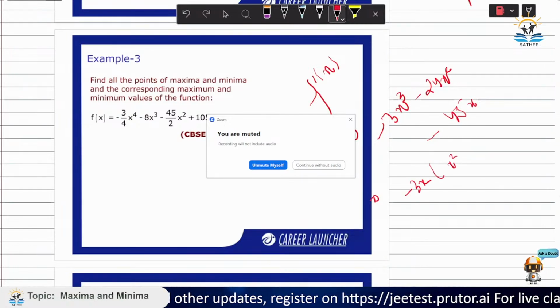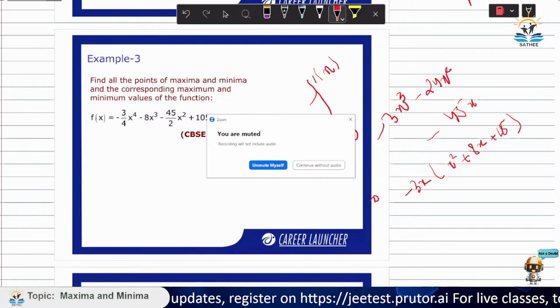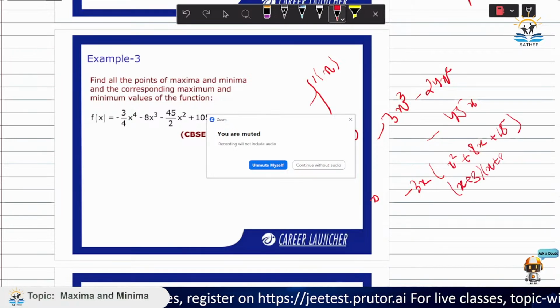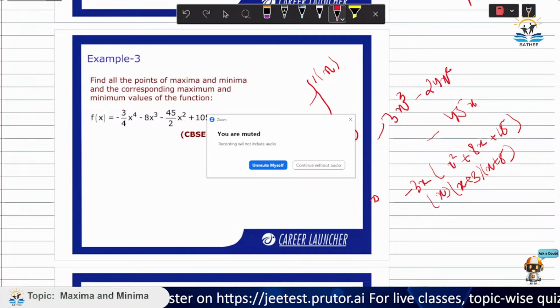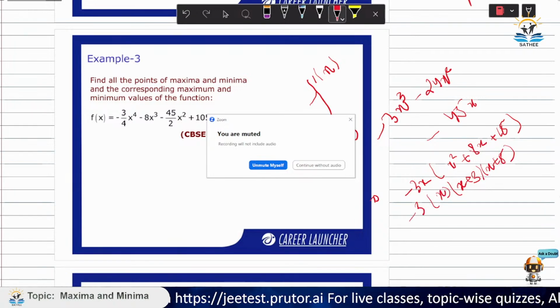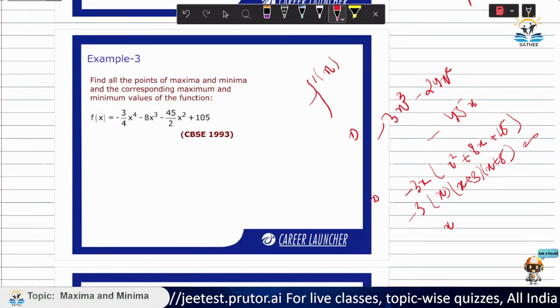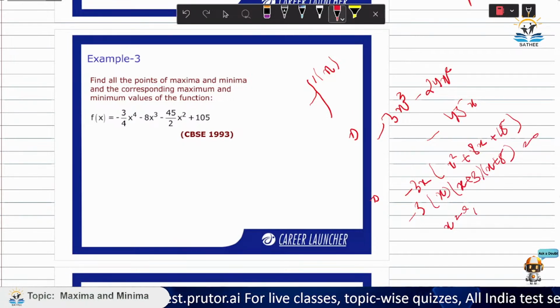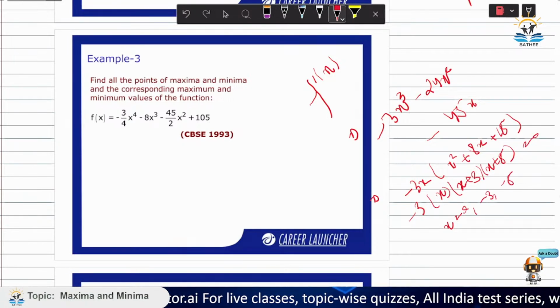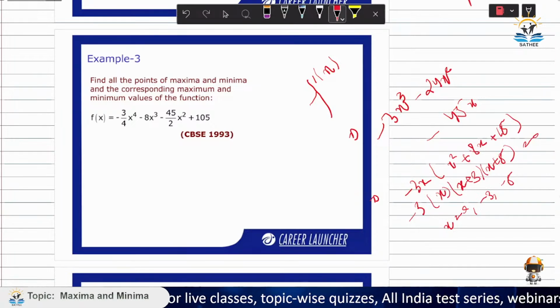If I'm not wrong, it gives me x plus 3 and x plus 5 into x into minus 3. And if we put this equal to 0, what do we have? x is equal to 0, minus 3, and minus 5. Let's calculate the value of the function at 0, minus 3, minus 5, right?